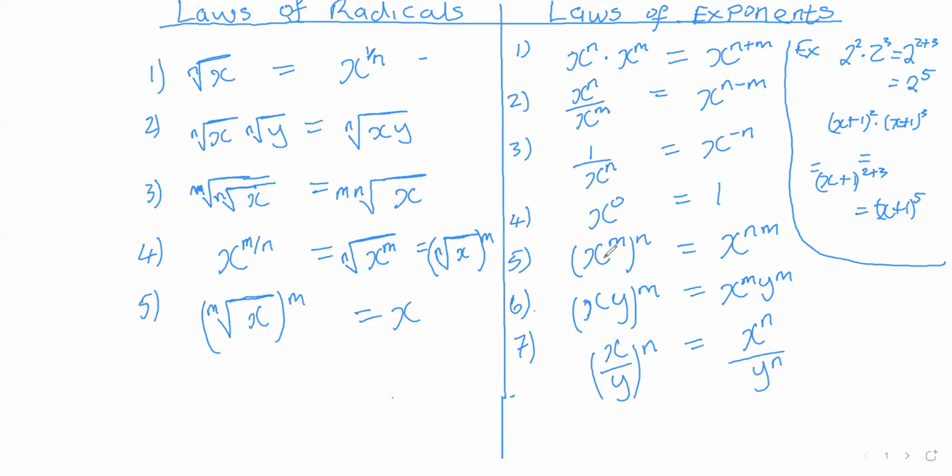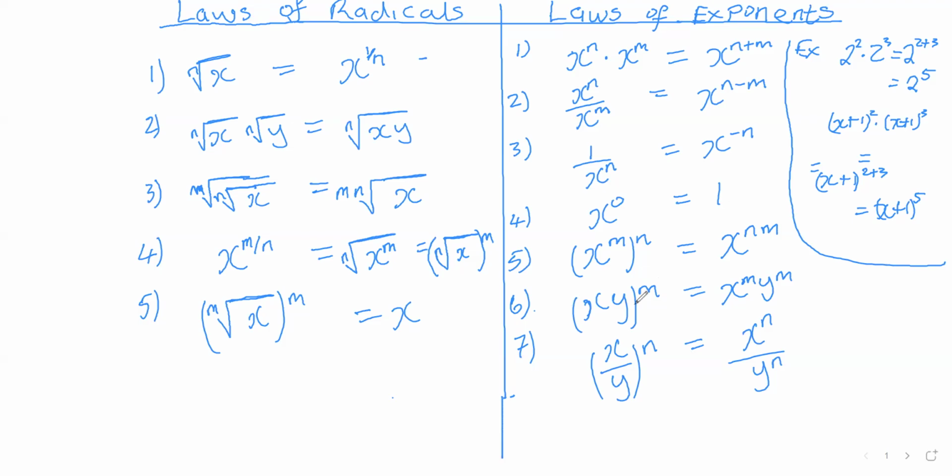And this law says that if you have two powers like this, you can just multiply them. This is quite straightforward. Then this law is the distributive law, which says you can distribute the exponent to every expression in the bracket.